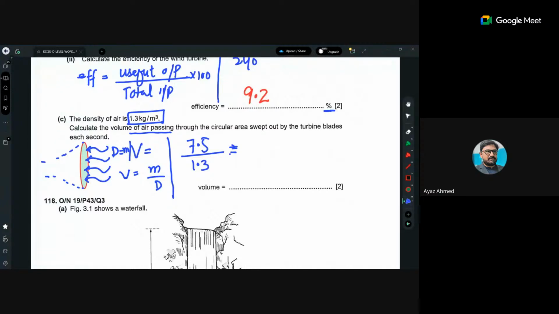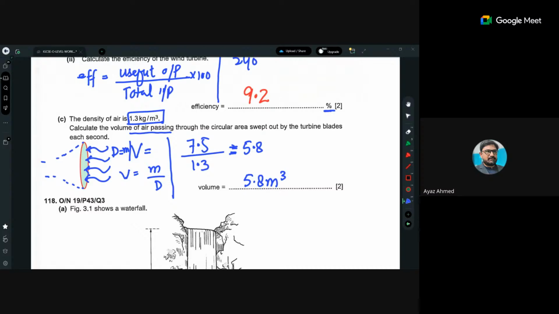Just calculate this. 5.8. Again, two significant figures, so you will write 5.8 cubic meter, because the unit has not been given to you.